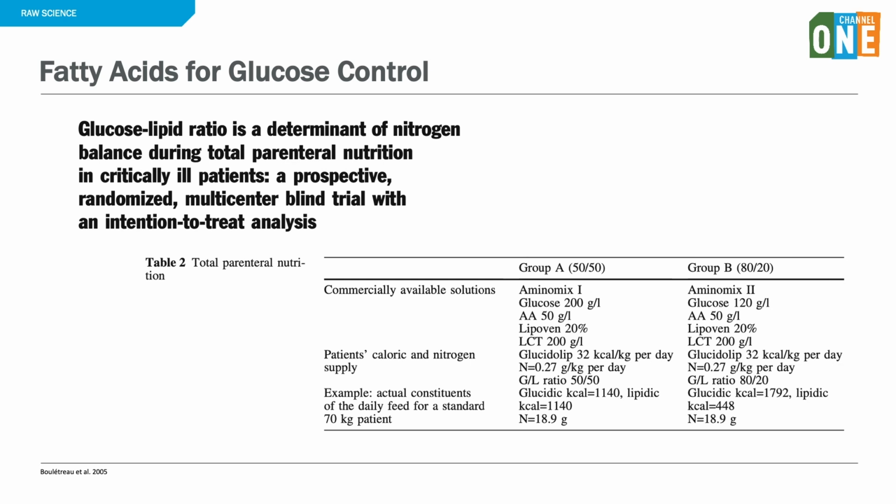And the ratio of both was different. So in the first group, 50% was composed of glucose and 50% was composed of lipids, while in the other group, 80% was composed of glucose and only 20% of lipids.